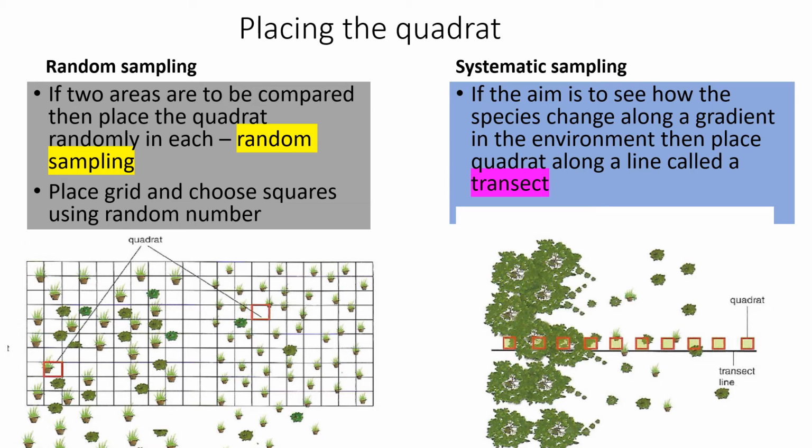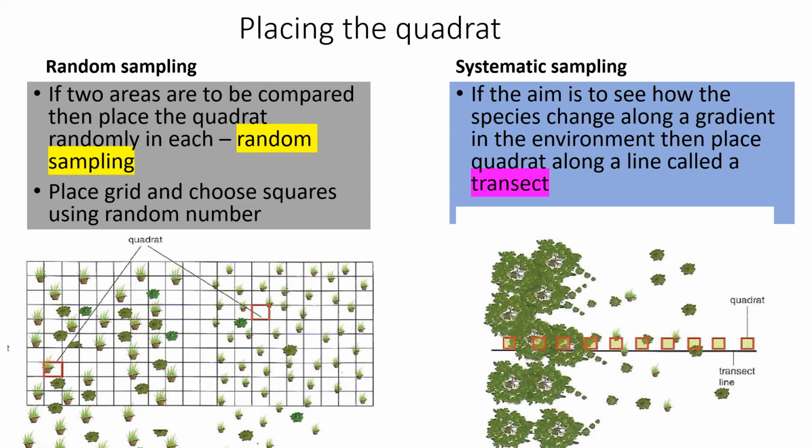So if you pulled 14 out of your X bag, and you pulled 1, 2, 3, 4, 5, 6, 7 out of your Y bag, you would go to this little square and you would place your quadrat here and measure the grasses at this place. So that's using random sampling, if you're using random sampling in order to decide where to place your quadrat.